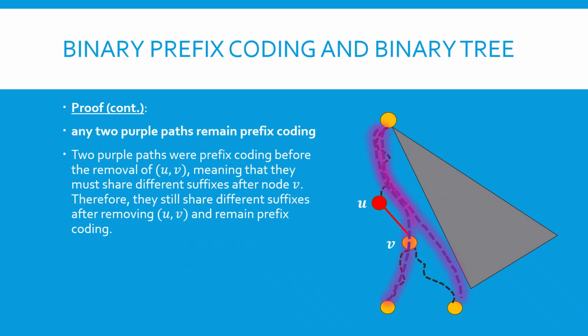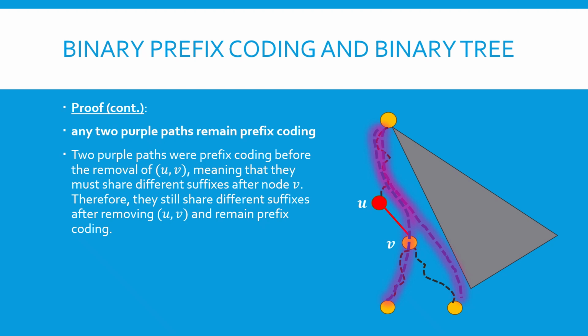We first prove that any two purple paths remain prefix-free. Recall that both purple paths contain UV. Before removing UV, the corresponding code words were prefix-free.